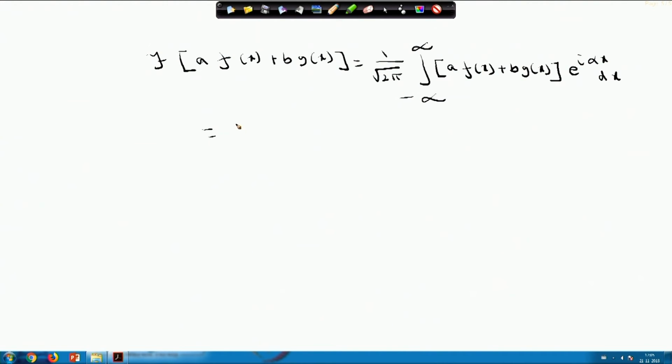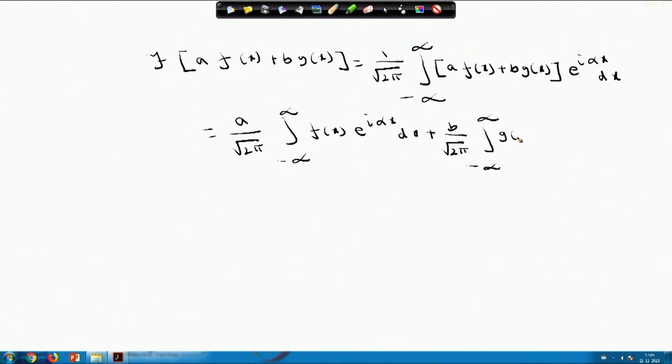Now, I can break it into two integrals. This is easy: a by root 2π, integral from minus infinity to infinity of f(x) e^(iαx) dx, plus b will come outside, so I can write b by root 2π, integral from minus infinity to infinity of g(x) e^(iαx) dx.